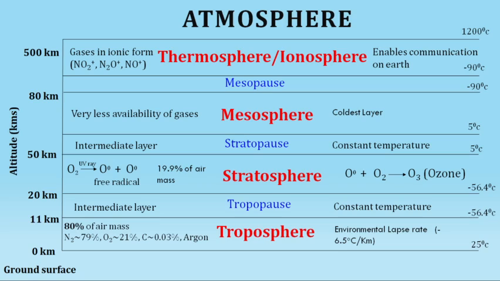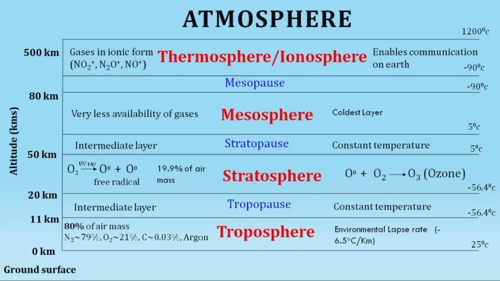So this is the layer where gases are present in ionic form, and it provides a benefit to mankind: these gas molecules help in enabling the communication on earth. So whenever radio waves are sent from one location on earth, these radio waves reach the thermosphere, and after striking these ionic gas molecules, they get reflected back to another location, where the radars can catch those radio waves.